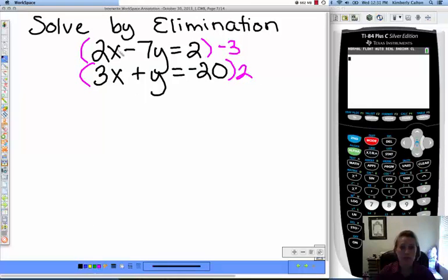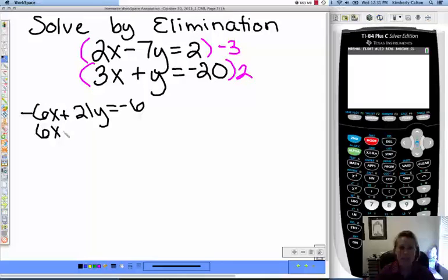Remember, the purpose is that we want to eliminate one of the variables, so one of them must be negative. It doesn't matter which. I could have done positive 3 and negative 2. But this is what I chose. So again, we have negative 6x plus 21y equals negative 6, and 6x plus 2y equals negative 40.